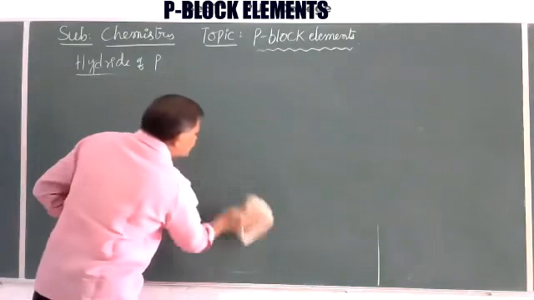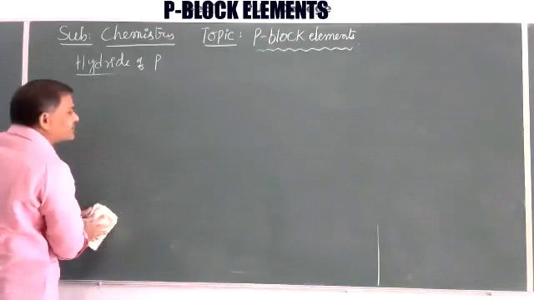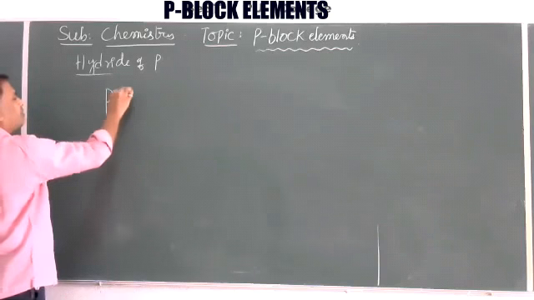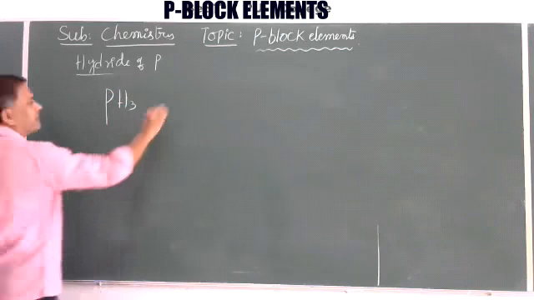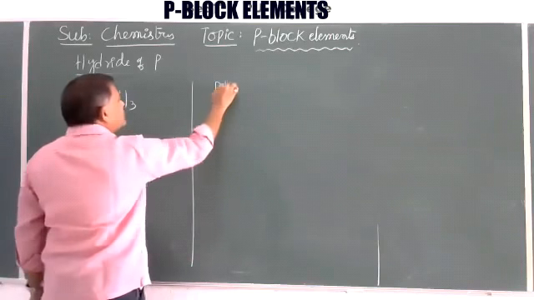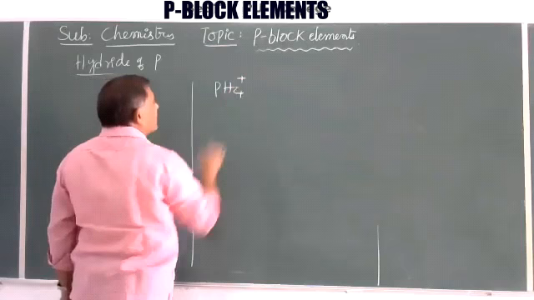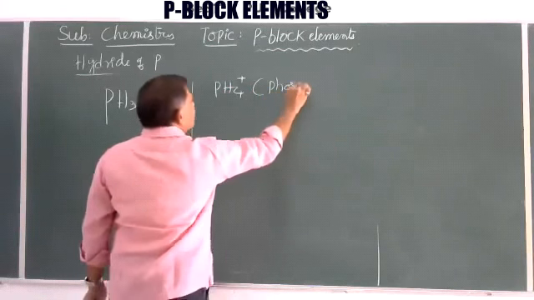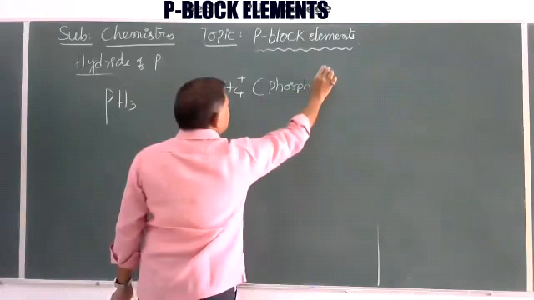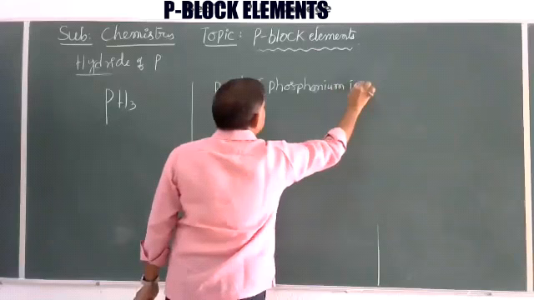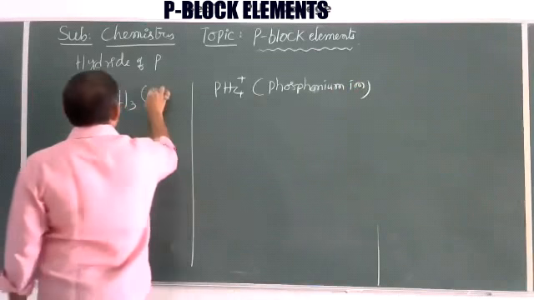Here one of the most important questions is: PH3 is phosphine, and PH4 plus is the phosphonium ion. Phosphonium ion, and this is the phosphine molecule.